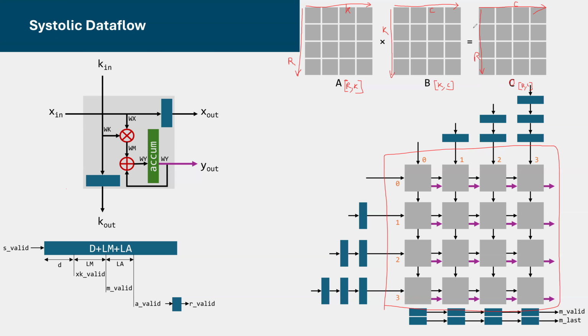So the idea of matrix multiplication is that you take this and you multiply with this, and that becomes the first one.